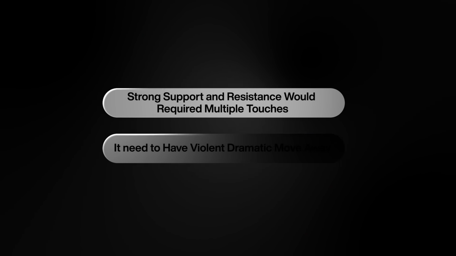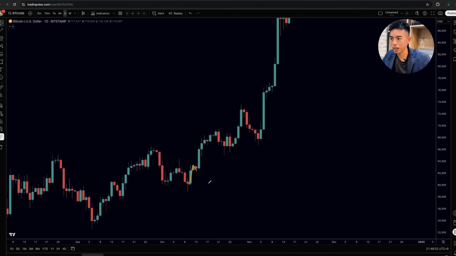Now, in this uptrend, I want you to focus on where is the support, or where is the resistance in this case. From what I was saying earlier, a strong S&R is defined by how violent or how dramatic the move away was. So if we look at this move up and this tiny move back down, is that strong? Is that violent? It's not really, right? Not really strong at all.